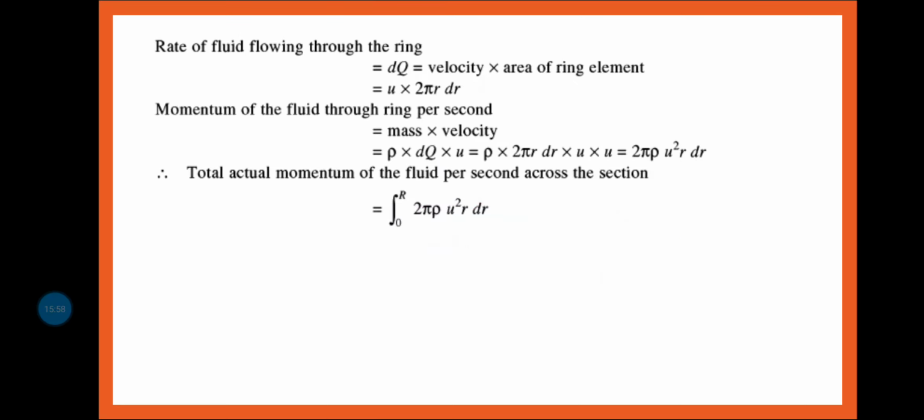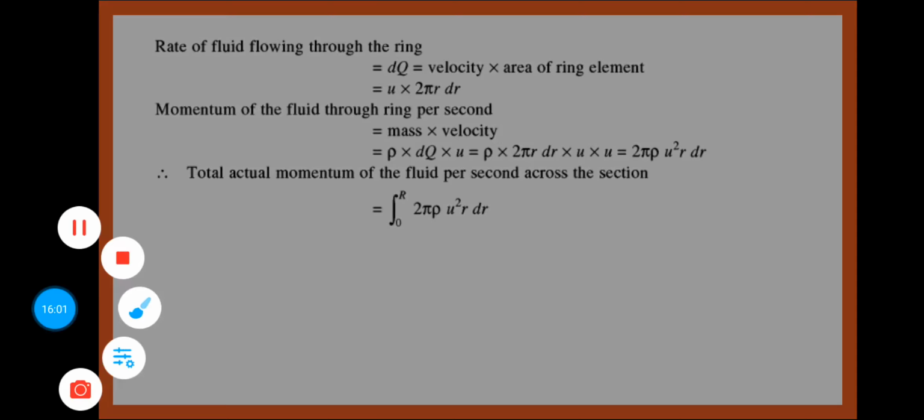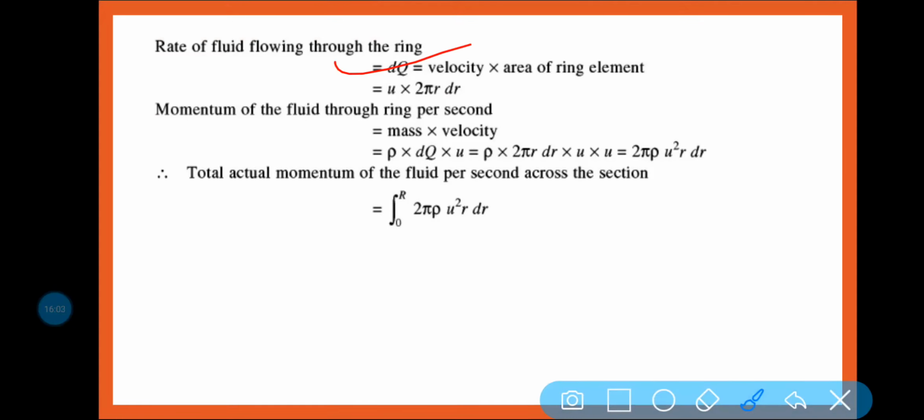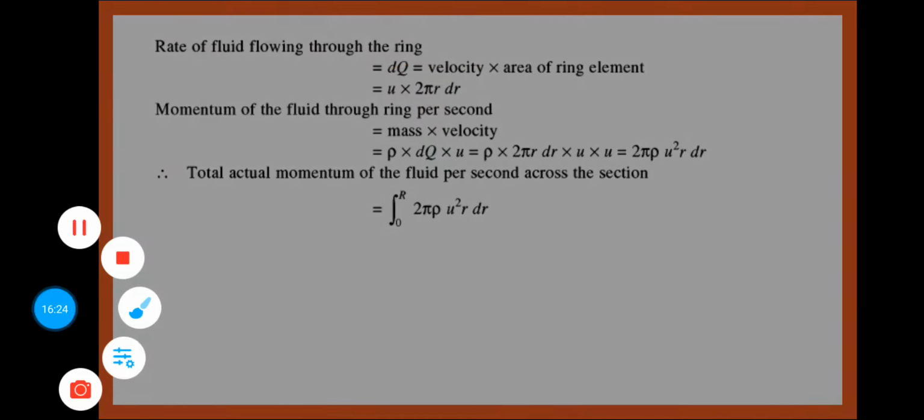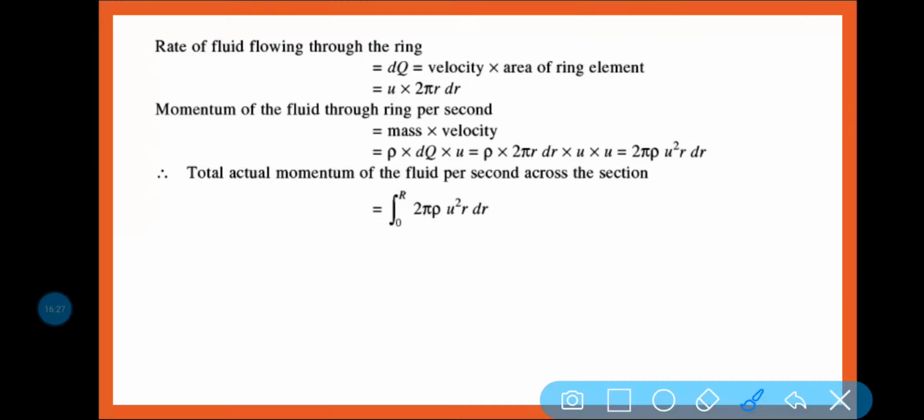Okay, now what is the rate of flow through the ring, the discharge? dQ is equal to velocity into area. So velocity is u and area is 2 pi r dr. Now if I am talking about the momentum of the fluid through the ring per second, momentum is equal to mass into velocity. So mass is equal to rho into V, rho into V by t into velocity.